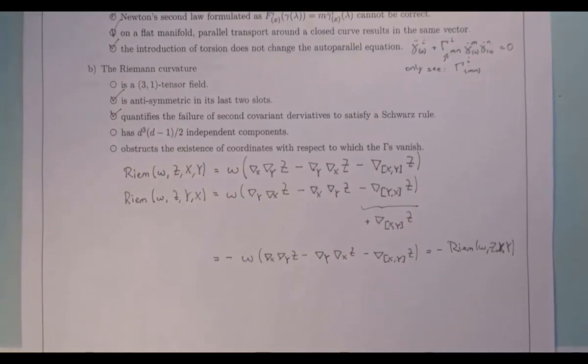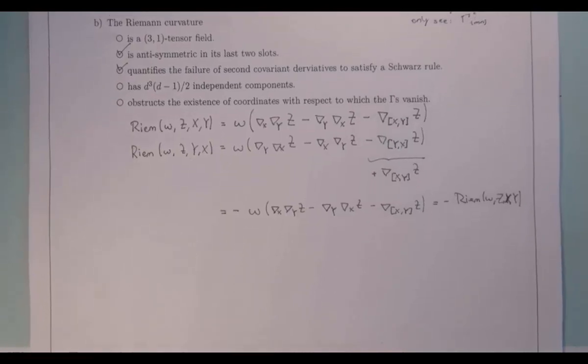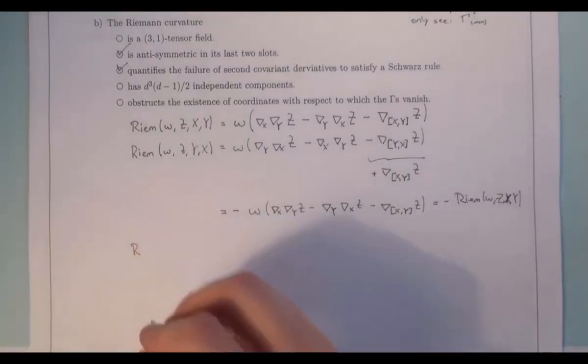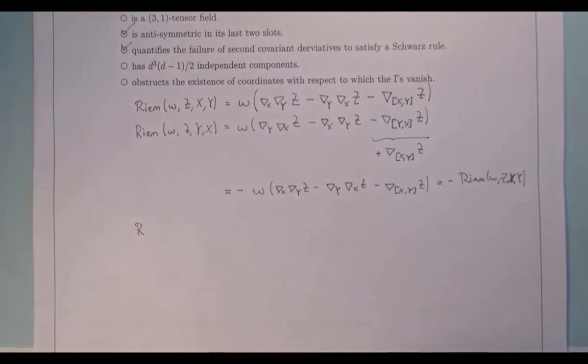The Riemann curvature has d to the power 3 times d minus 1 over 2 independent components. So we therefore have to look at the component, so the representation in the chart.